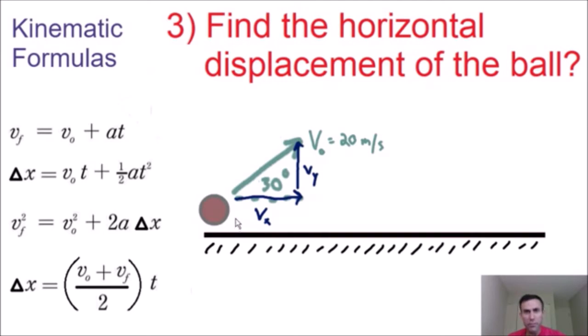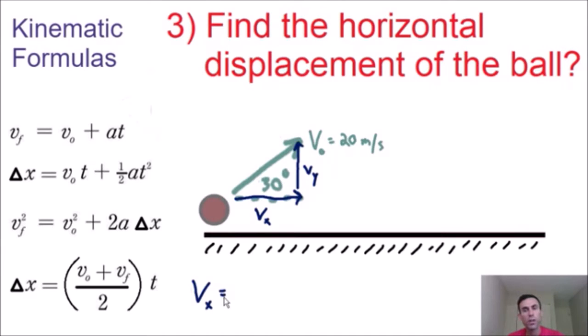All right. The question that we're trying to answer is we need to find the horizontal displacement. Because we're trying to find the horizontal displacement, we're going to use the horizontal velocity. So we're going to use our trig functions to find this horizontal velocity.